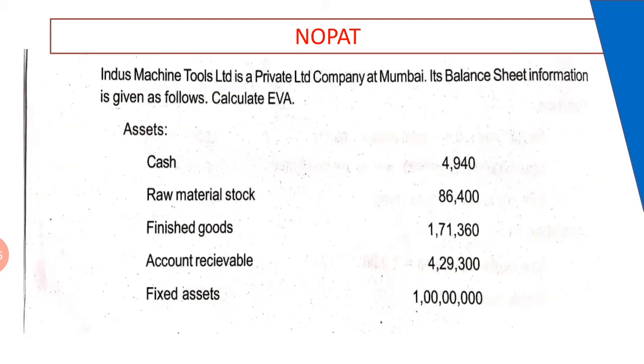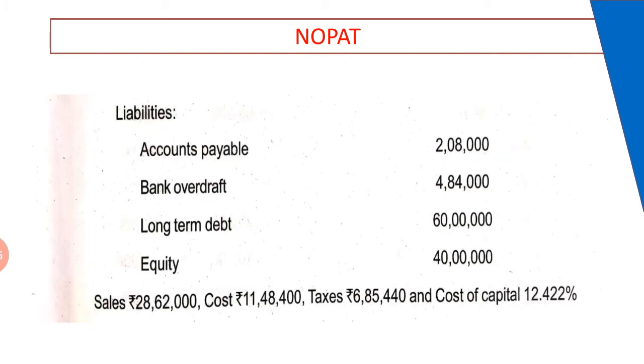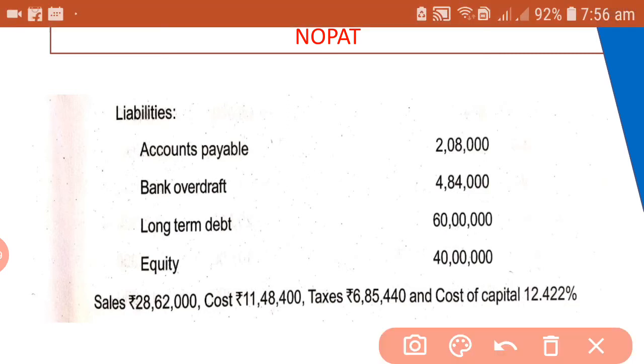We are given a balance sheet, that is asset side items, liability side items, and provided with some details. We have to calculate EVA. Here the details given are: sales, then cost, and tax.